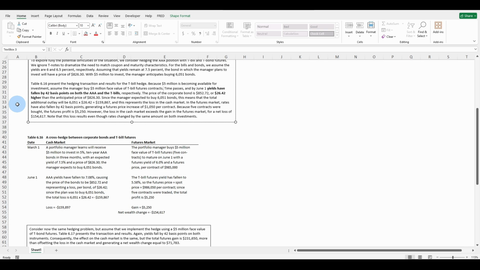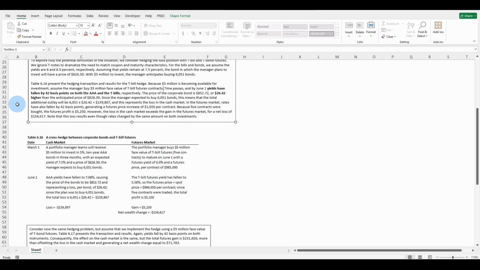In the futures market, rates have also fallen by 42 basis points, generating a futures price increase of $1,051 per contract. Because 5 contracts were bought, the futures profit is $5,250. However, the loss in the cash market exceeds the gain in the futures market for a net loss of $154,000. Note that this loss results even though rates changed by the same amount on both investments.